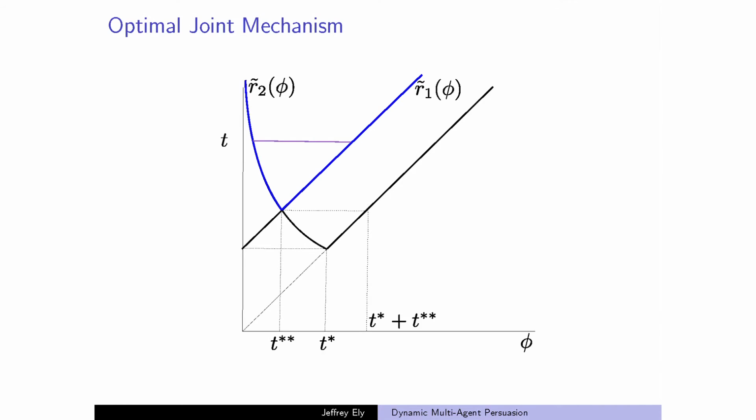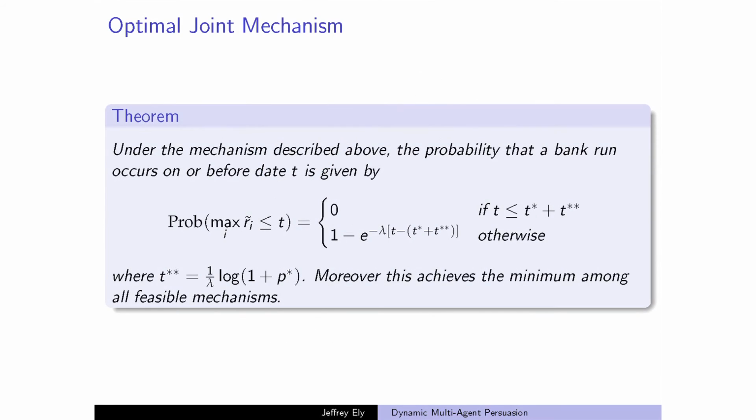So each of these induce on the vertical axis, given the distribution on the horizontal axis is exponential, an exponential distribution with parameter lambda. So the principal's value from this problem, if we're just focusing on how long it takes before the second agent runs, is t star plus t double star plus 1 over lambda.